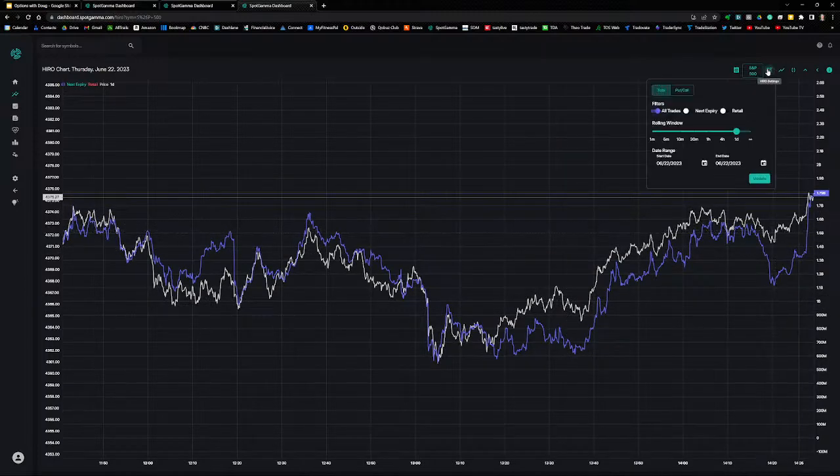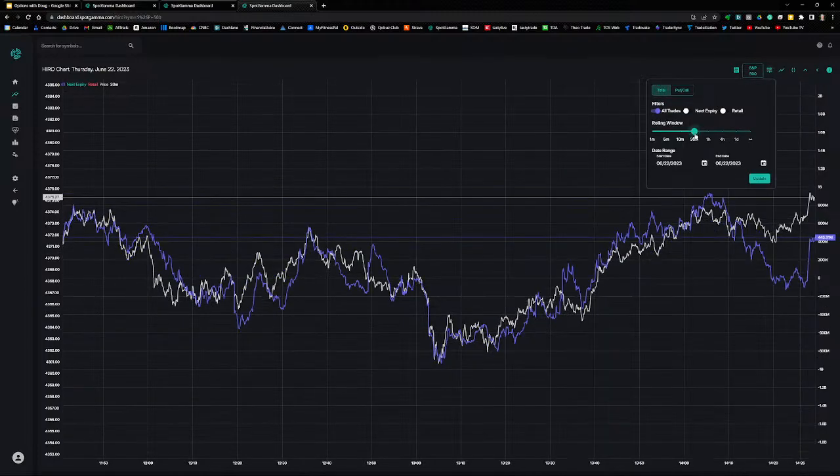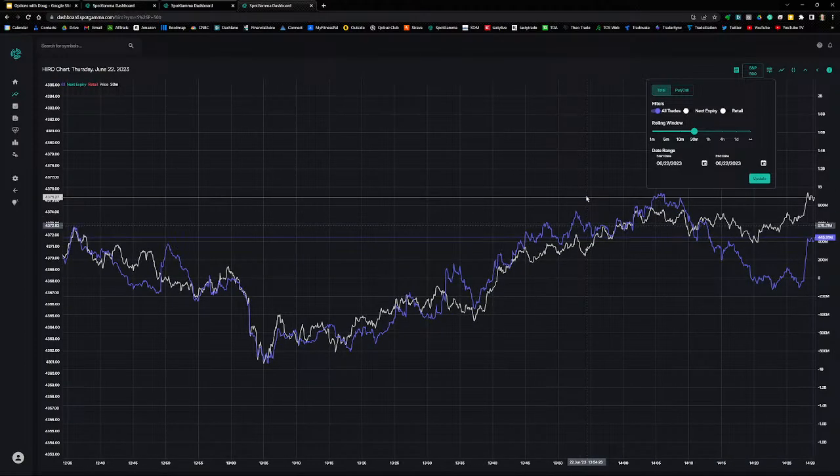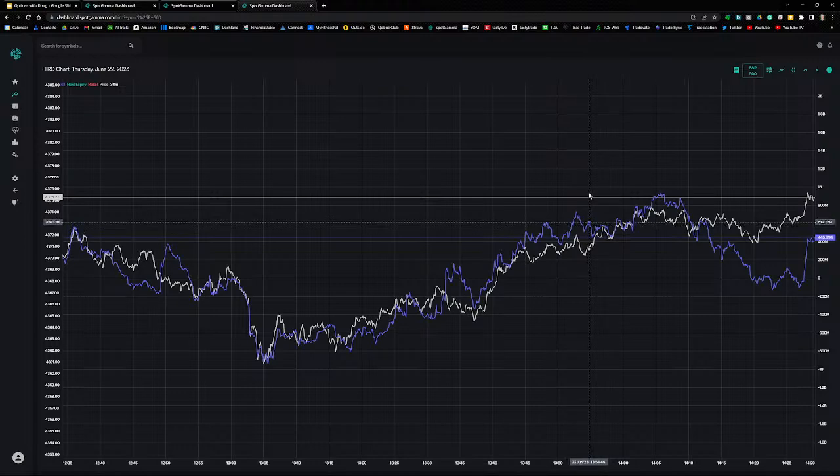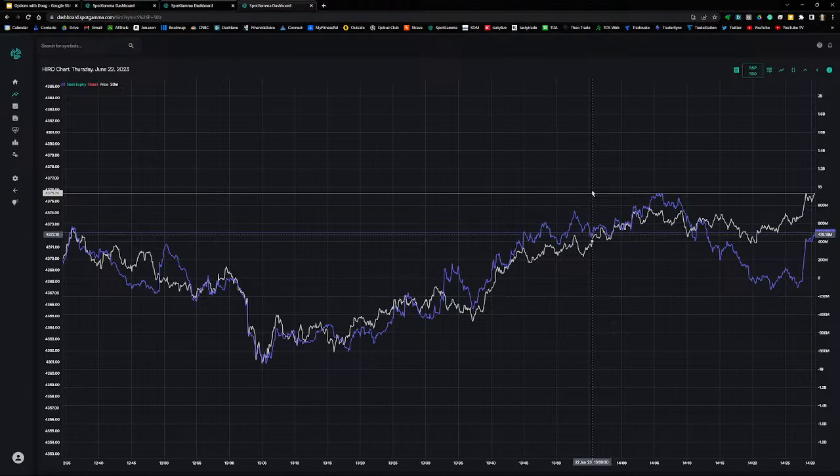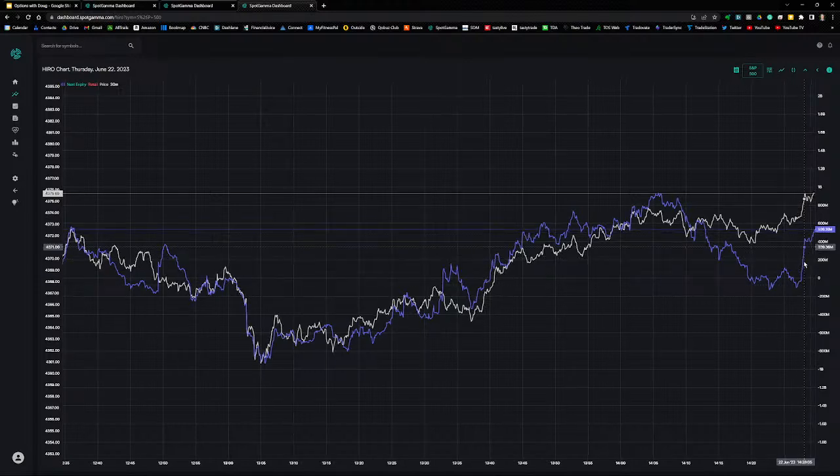Let's just take a look at a 30-minute rolling window period. So I would be a little cautious here if I was looking for a short with this rising Hero line here. And again, we're on a 30-minute look back period.